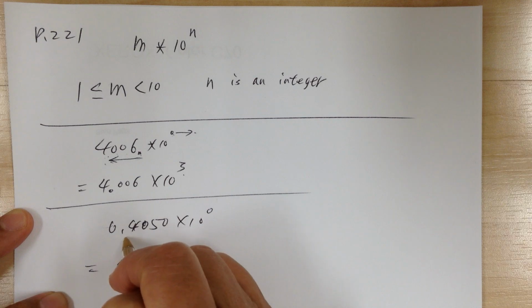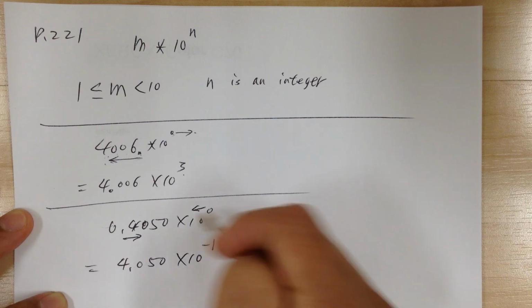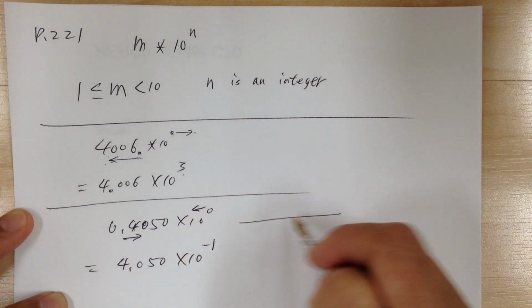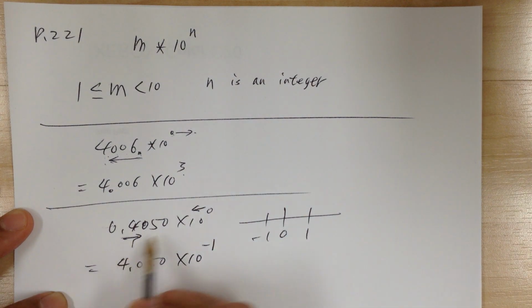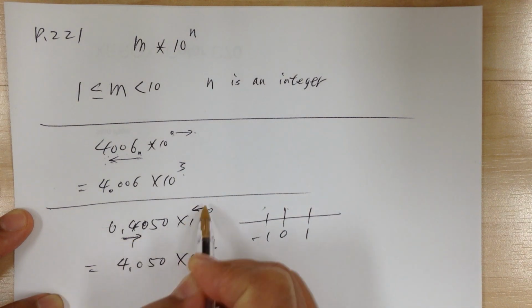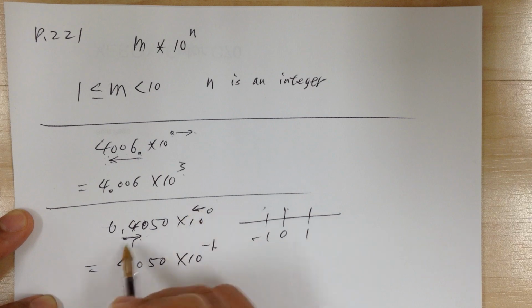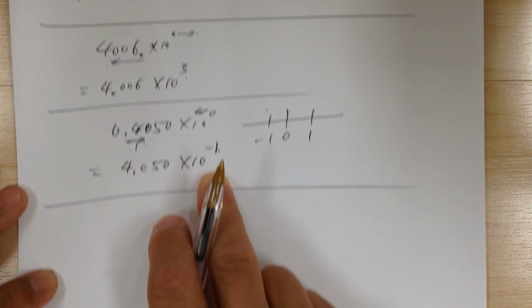You start with 0. If you move this digit 1 place over this way, you have to move this over this way, so it becomes -1. Think about your number line. So whatever this number is, you have to compensate for this one, do the opposite. That's how you do it manually without a calculator.